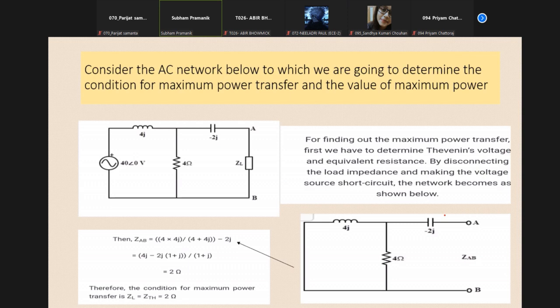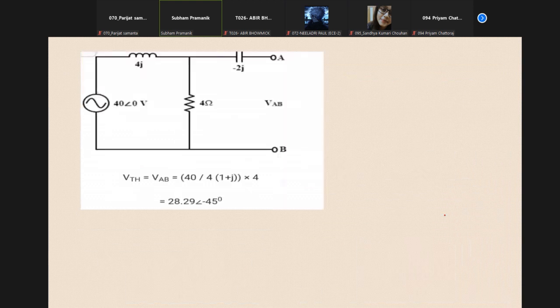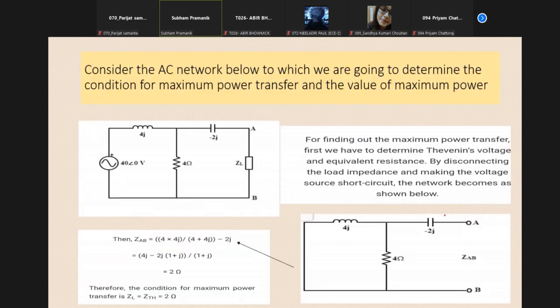However, in this case, you can see that the impedance itself does not contain any imaginary term. So the value of ZL will be simply 2 ohm. There is no need to take any complex conjugate. What is the open circuit voltage for the previous problem?